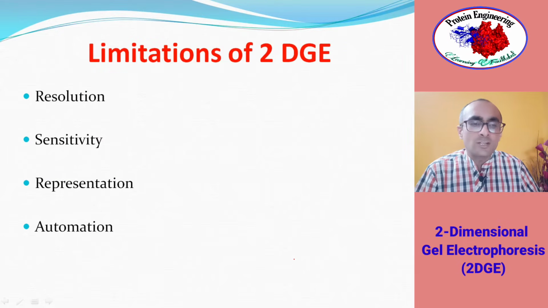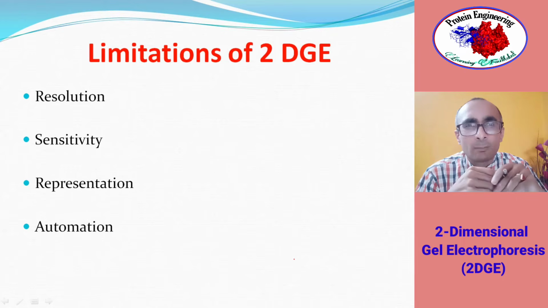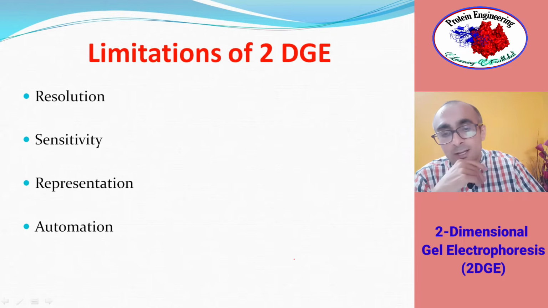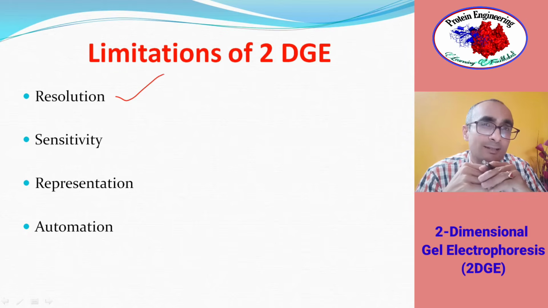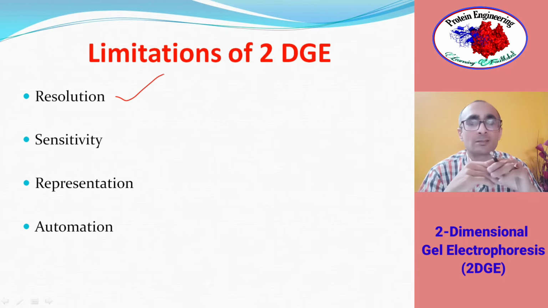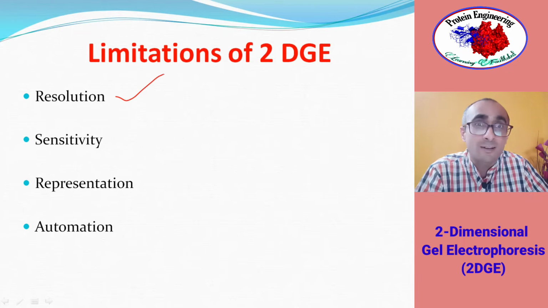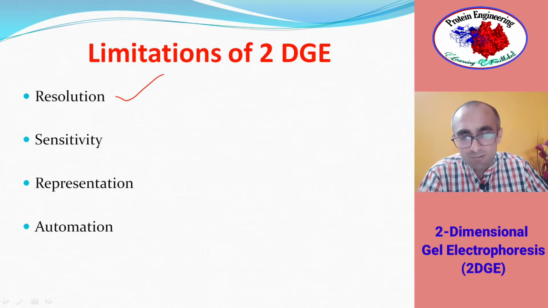Now 2DGE is extensively used in proteomic studies, but it has limitations also in terms of resolution, because you have thousands of proteins present, and the resolution is a major problem. Resolution means how distinct the spots are. When the proteins are too large in number, they are too nearby, that leads to poor resolution.